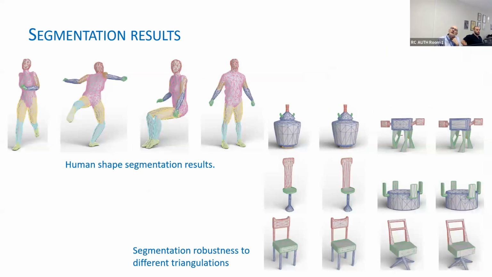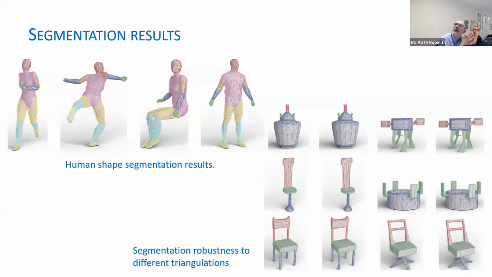And here you can see some other segmentation examples. So you see segmentation of some human shapes, and here in the figure on the right, the examples are useful to see the robustness to different triangulation. So the idea is that you can see now here in the examples, you have the same shape, but with different topology, so with different triangulation.